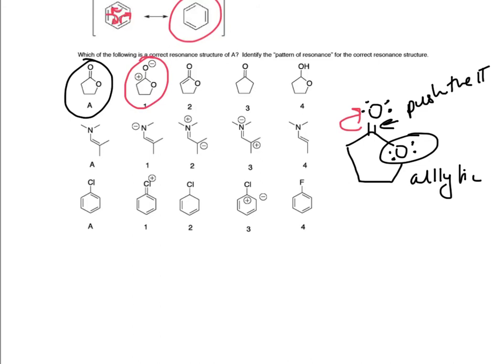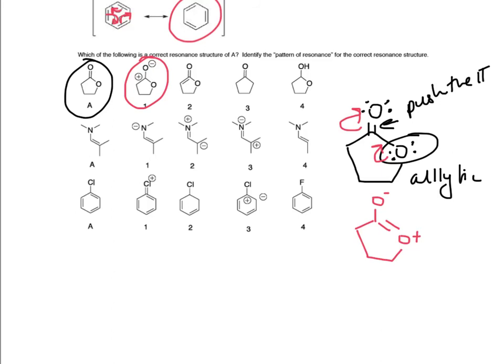We could also then push the allylic lone pair, but this structure is not an option or not a choice.